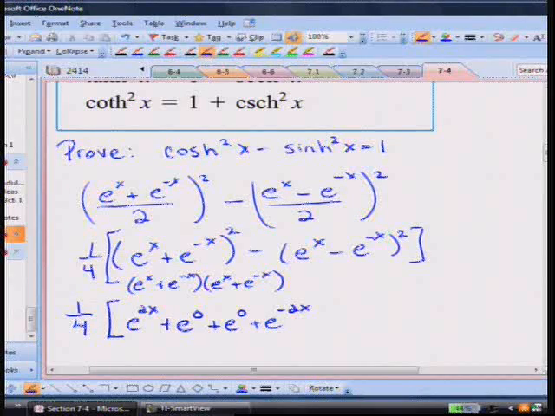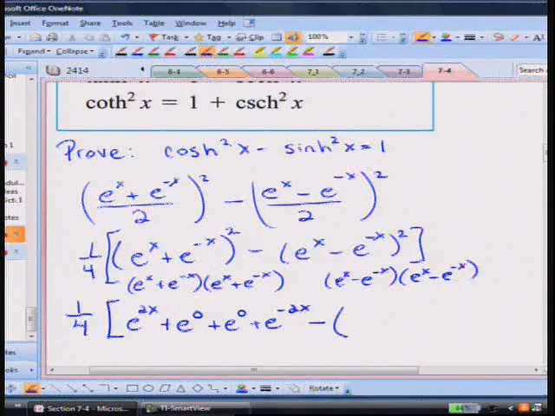Right? Okay, minus, I'm going to do the same thing on this one, e to the x minus e to the negative x, and then e to the x minus e to the negative x. All right, e to the x times e to the x is e to the 2x. E to the x times e to the negative x, this is going to be minus e to the 0.